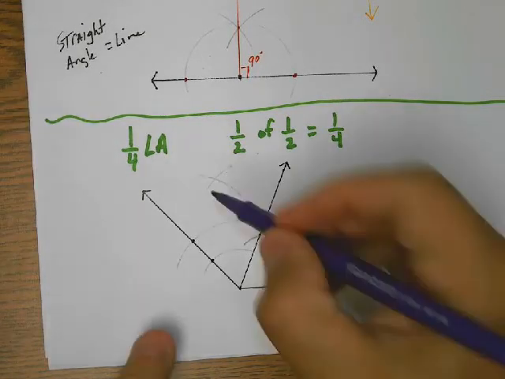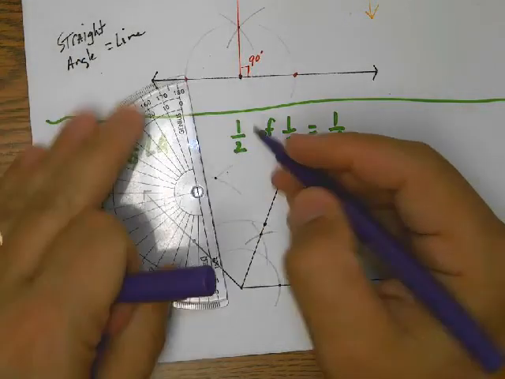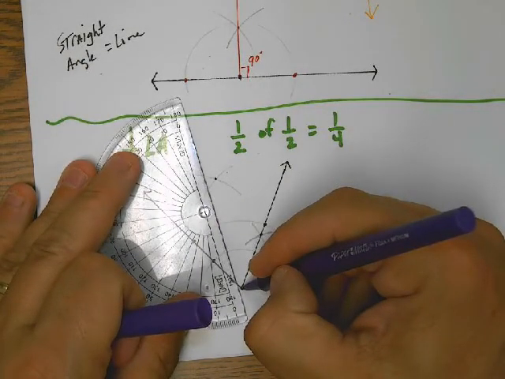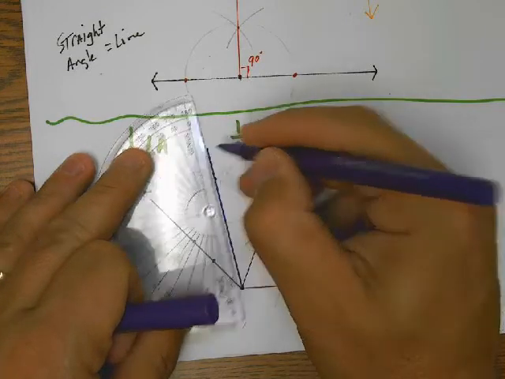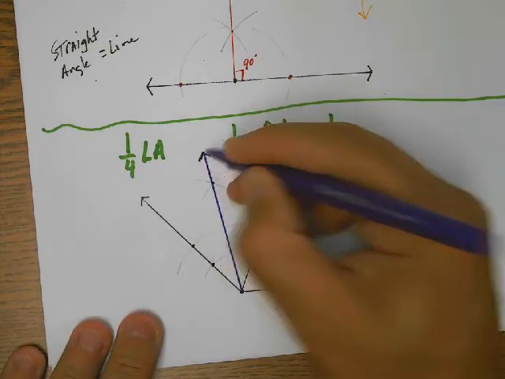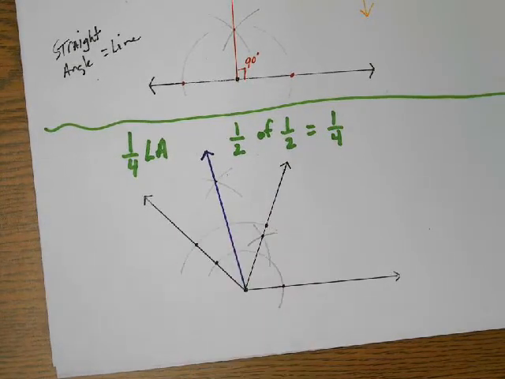That point of intersection is highlighted. Connect it with a straight edge to the vertex. And we actually have this angle and this angle both represent 1/4.